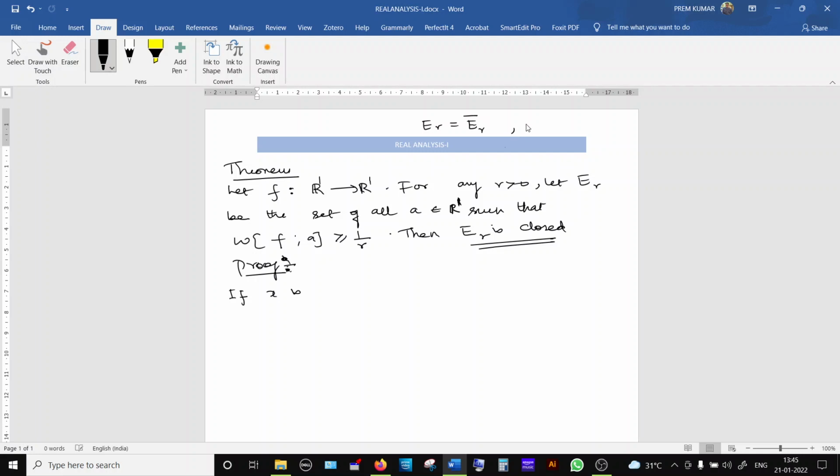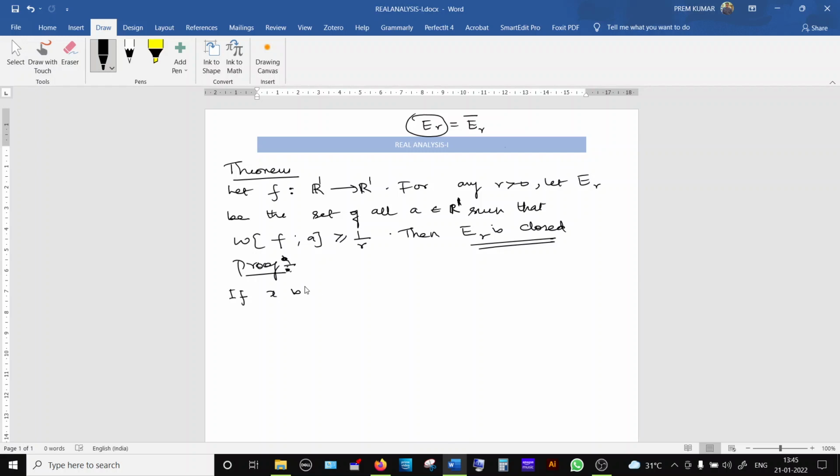We are going to take a limit point of the set E_r. Finally we will show that that limit point belongs to E_r. That is nothing but E_r is equal to its closure, that is, the set is closed. So that is what we are going to prove.